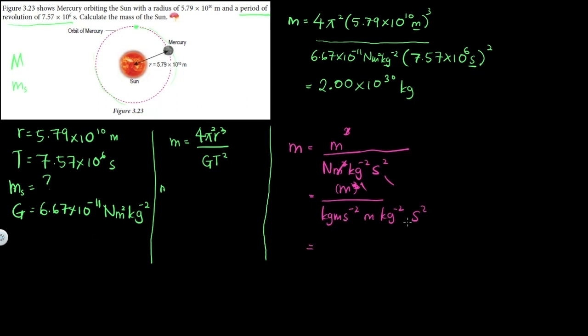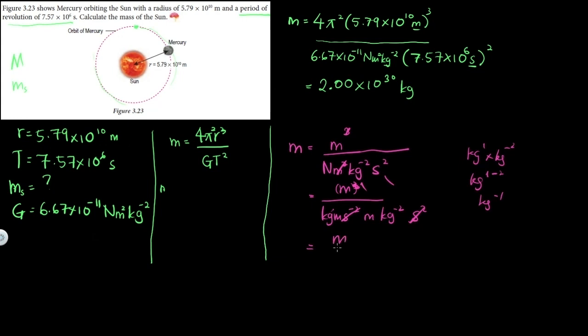So second square and second minus 2, we can cancel out. Minus 2 plus 2 equals 0. Here we have kilogram, and this one is kilogram minus 2. We cannot cancel out directly, so kilogram power 1 times kilogram power minus 2, it should be kilogram 1 minus 2, so kilogram minus 1.